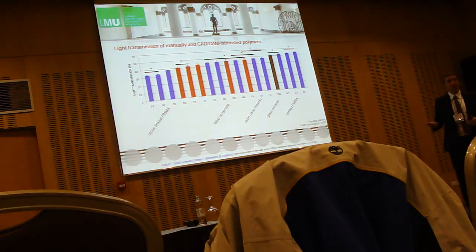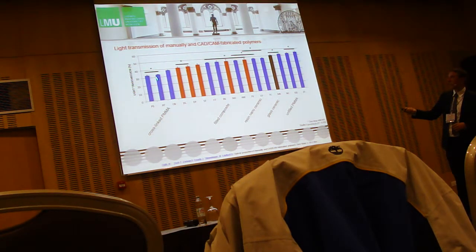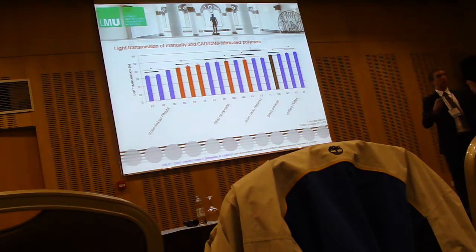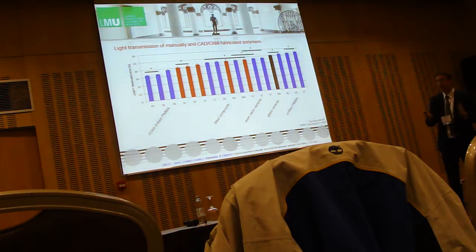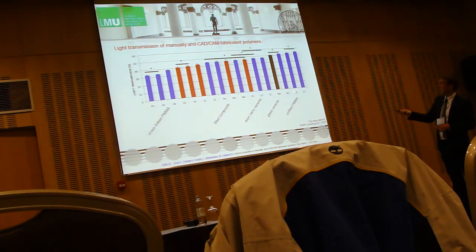Now you see that other CAD-CAM fabricated polymers only show a light transmission of about 30–34%. So that means two thirds of the light does not pass the specimen. On the other side, the unfilled PMMA, same basis of the material, offers a translucency that is even higher than the glass ceramic in our study.